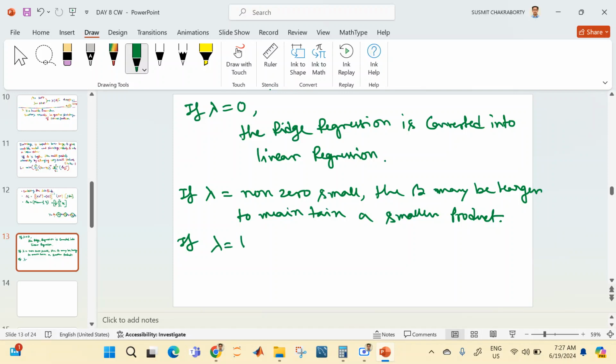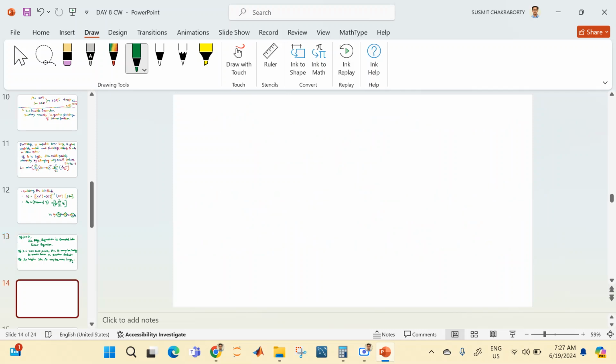But if lambda is high, the beta may be very large, very large, to maintain the same smaller product. But here you have to learn something.